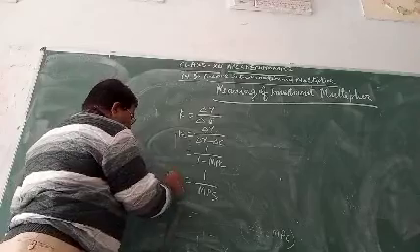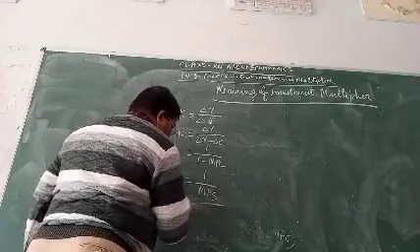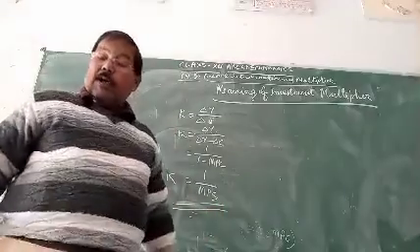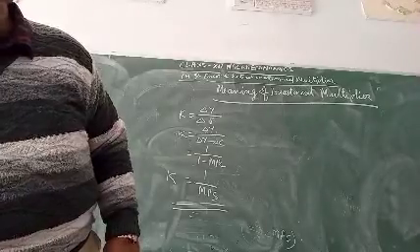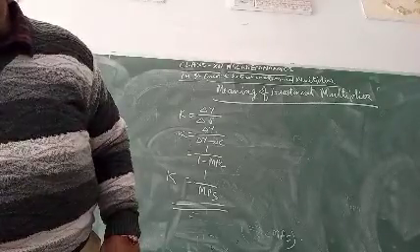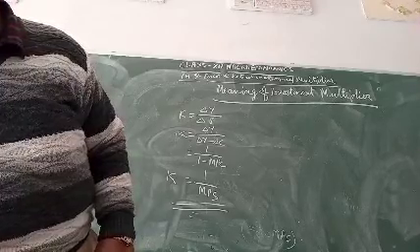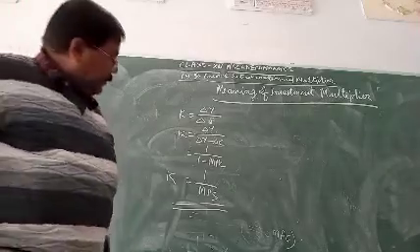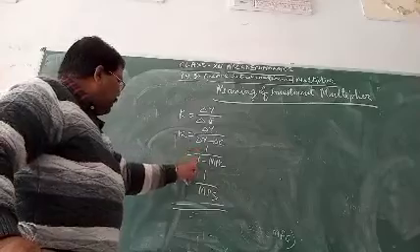So this is another formula of multiplier, that is K is equal to 1 upon MPS. Why is it so?